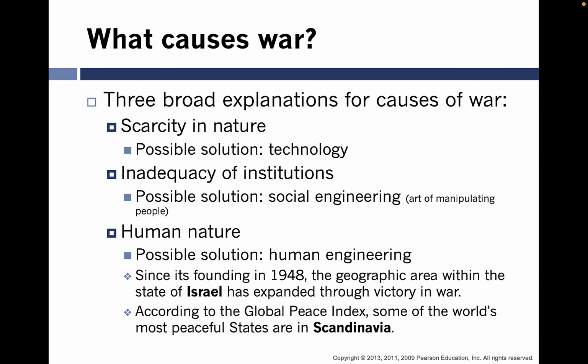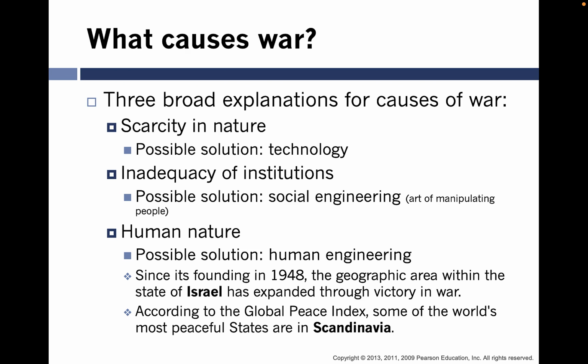But what causes war? Scarcity in natural resources, right? Inadequacy of institutions, maybe not a fully developed education system, or maybe not social welfare programs for people, maybe not helping people. And in human nature, some people believe that we're naturally inclined to war.